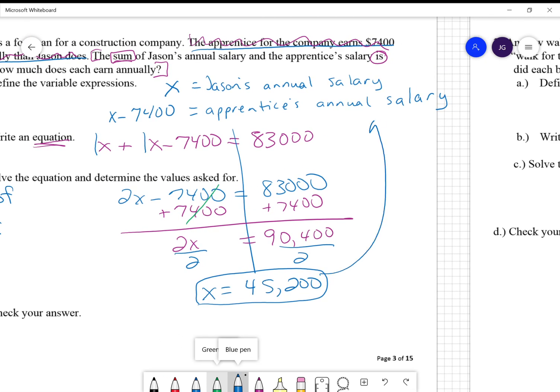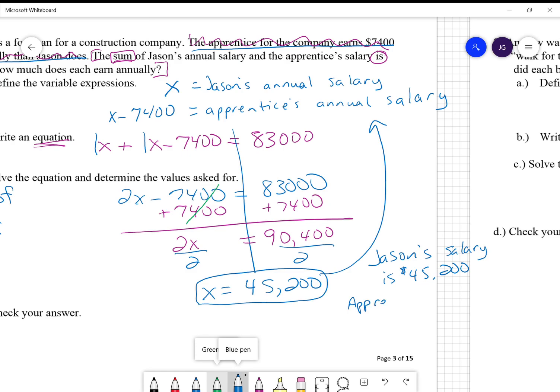Okay, now I've got my X, but what is X? Well, I've got that written down up here. Jason's annual salary is $45,200.